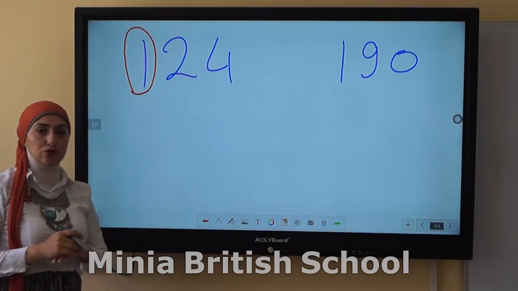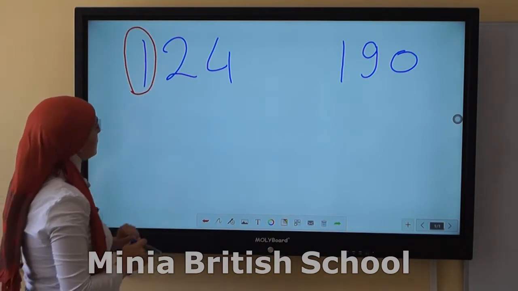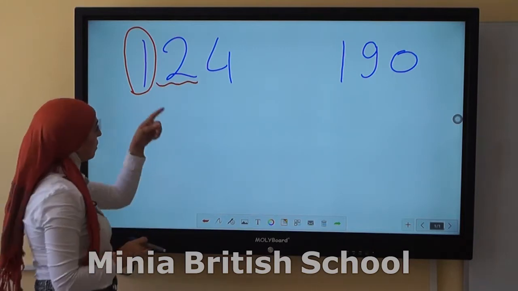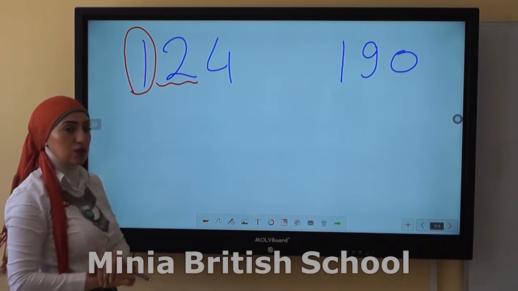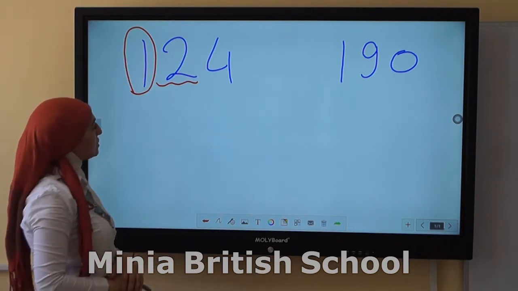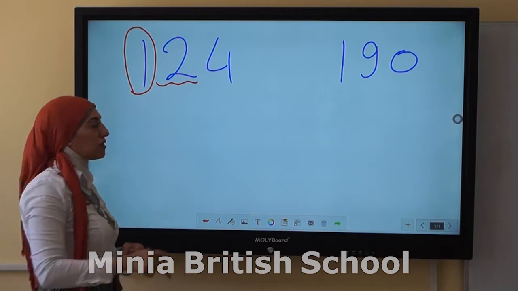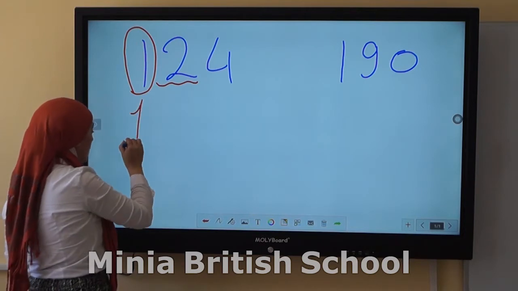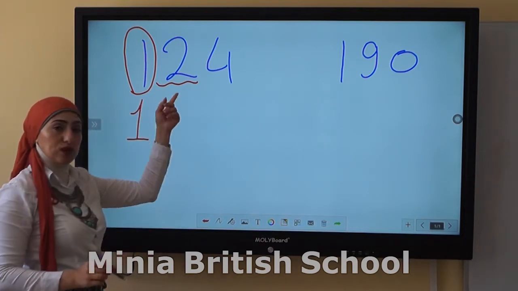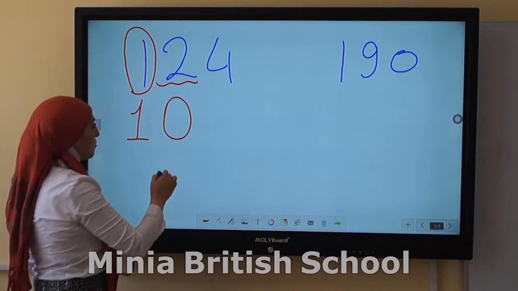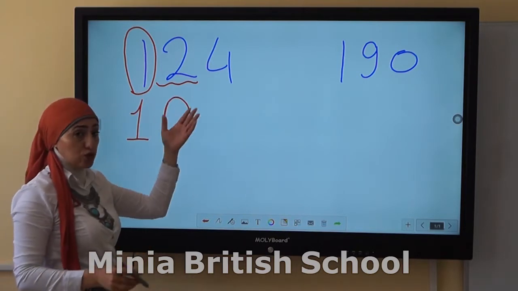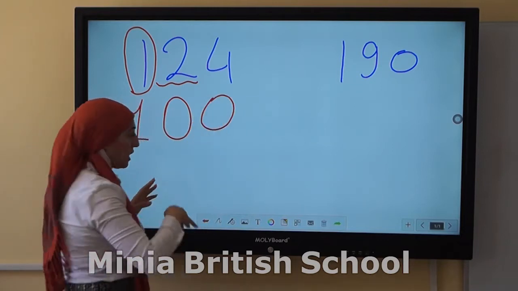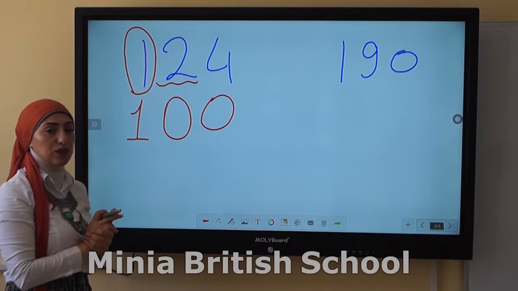I have to determine first, and this is the number beside it, the next number. So I want to approximate to the nearest hundred. Okay? Look to this one. This is weak from the weak group, so it can't affect anything. So it will keep this number as it is. And what about this? It will turn to be 0. And what about the next number? Also, any digit on the right will turn to be 0.